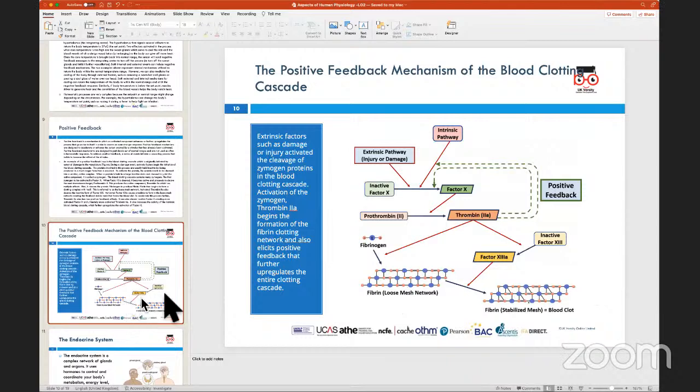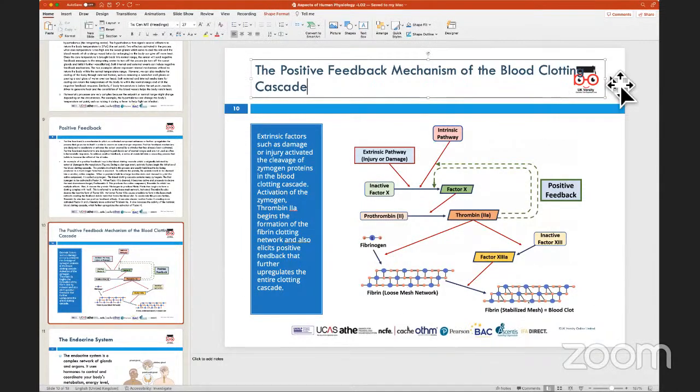Now, another example that you normally look at in terms of how your body gets triggered. A lot of us have had injuries over the years, isn't it? While maybe cooking something in the kitchen, you get a cut on your finger, and you start to see that blood starts to bleed.